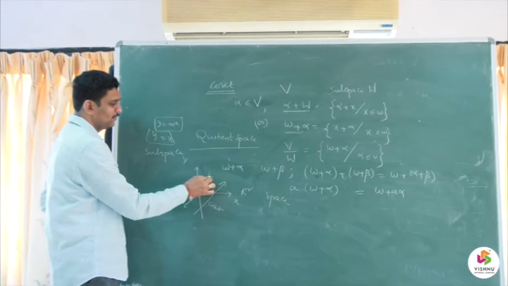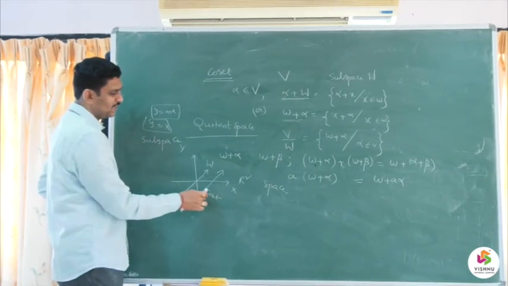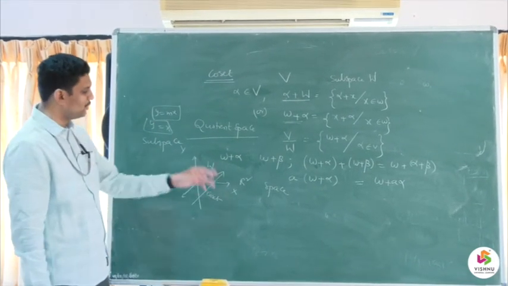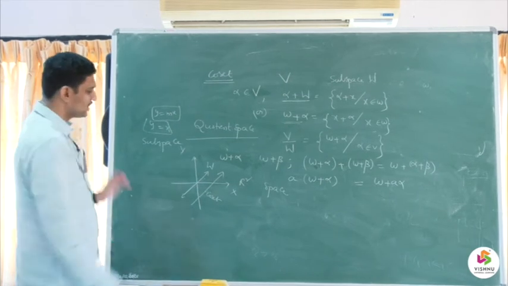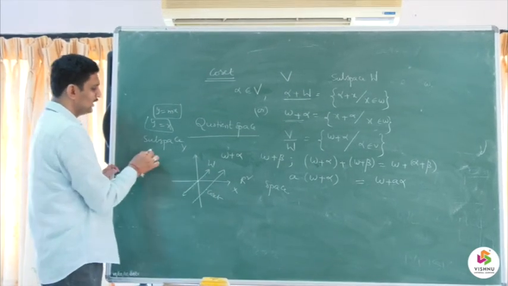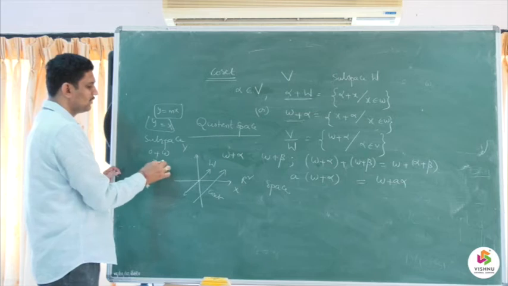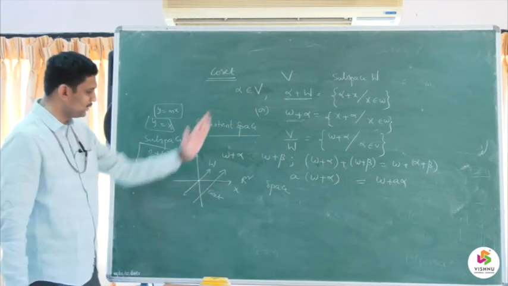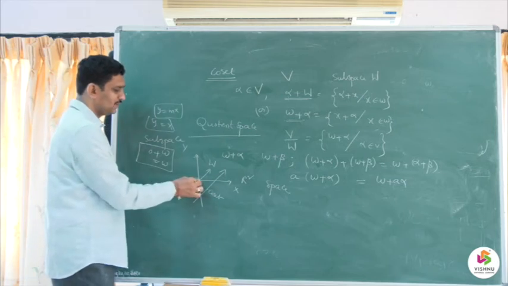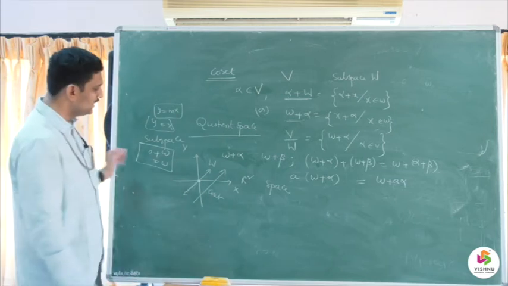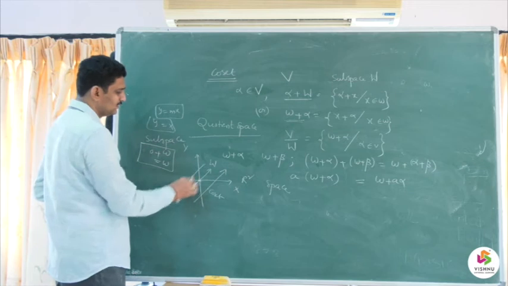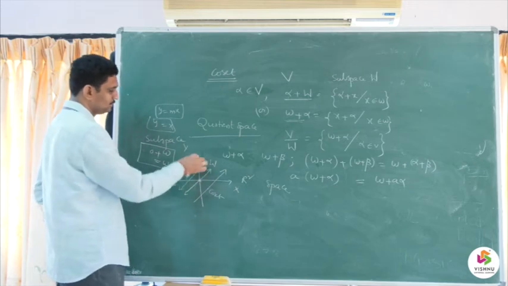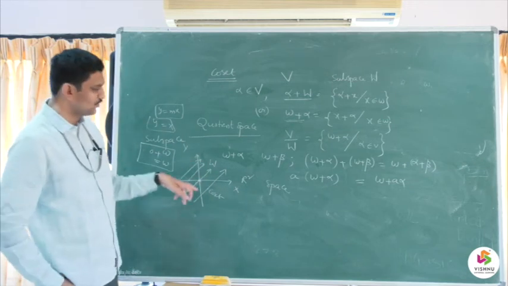If I say this is W, then this is my coset W plus alpha or alpha plus W, whichever way you take. Please understand, since it passes through the origin, 0 plus W is nothing but W, because the subspace always contains the 0 vector. In this way you can consider the set of lines, which are nothing but the cosets.